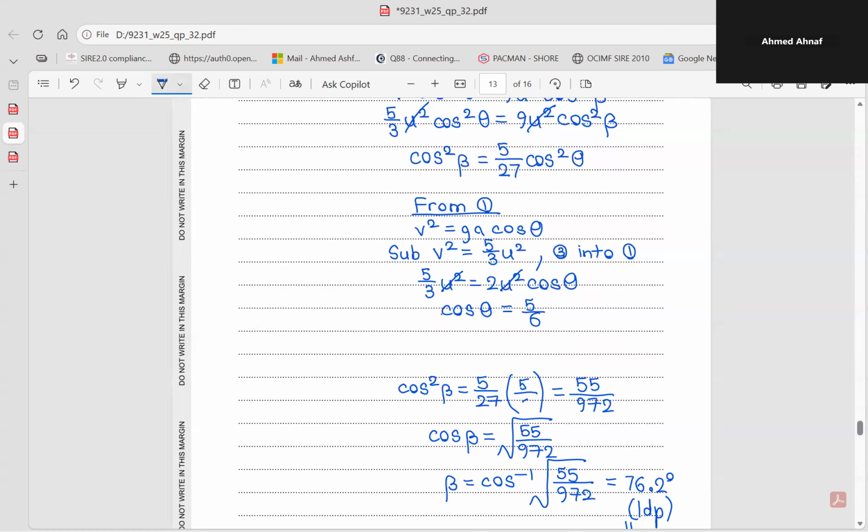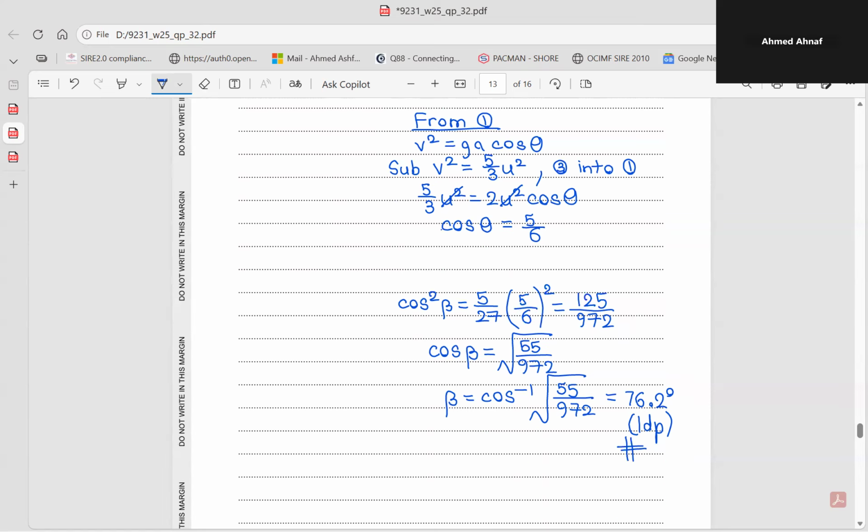So therefore, it's just gonna be 5 over 6 squared, which is gonna make this 1, 2, 5. So 5 times 5 times 5, 27 times 36. So therefore cosine beta is just gonna be square root 125/972.